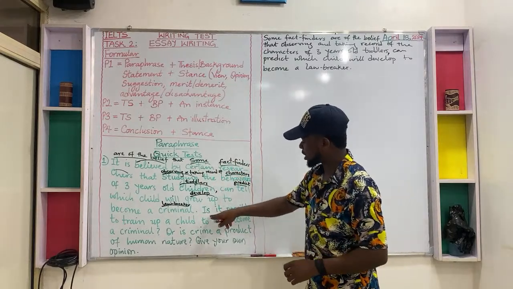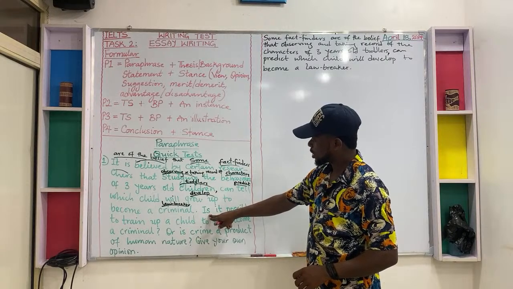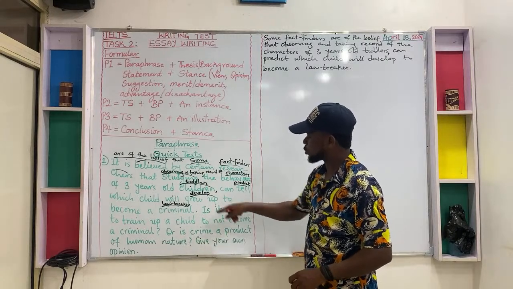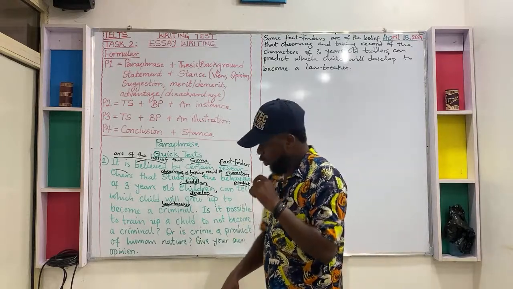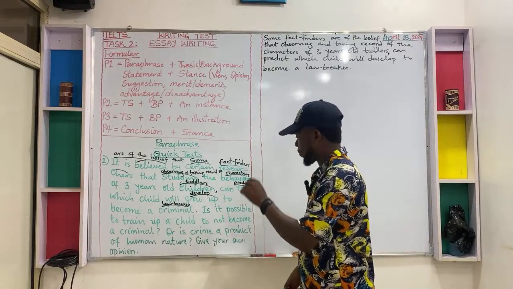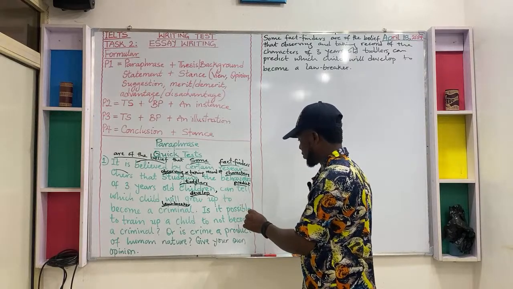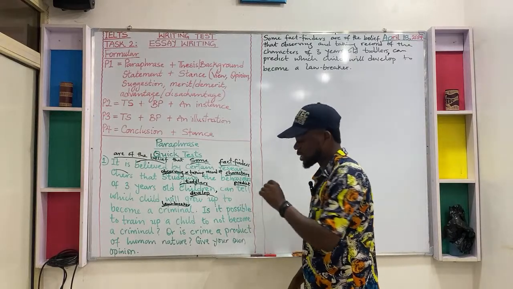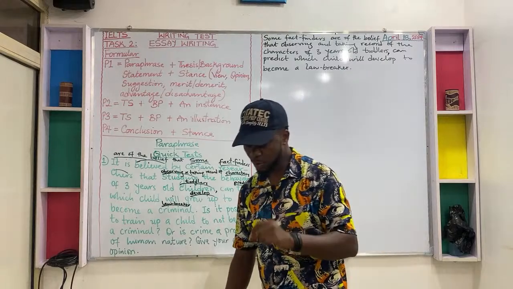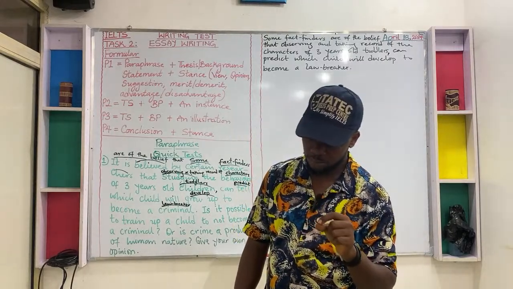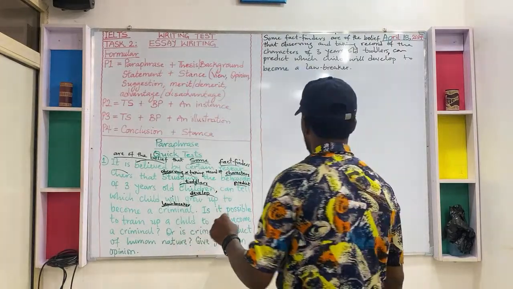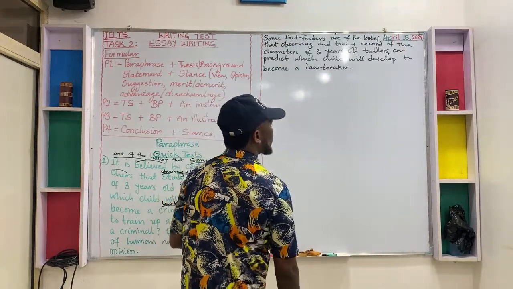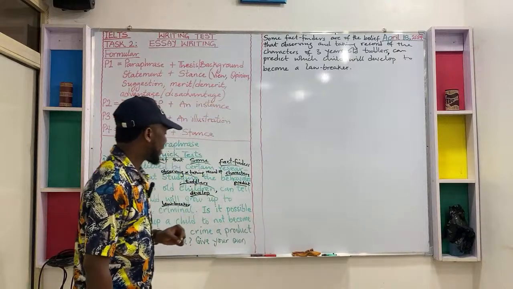Now, I would ask myself, what am I then supposed to do? The question is saying, is it possible to train up a child to not become a criminal? Or is crime a product of human nature? So you have 2 things here.